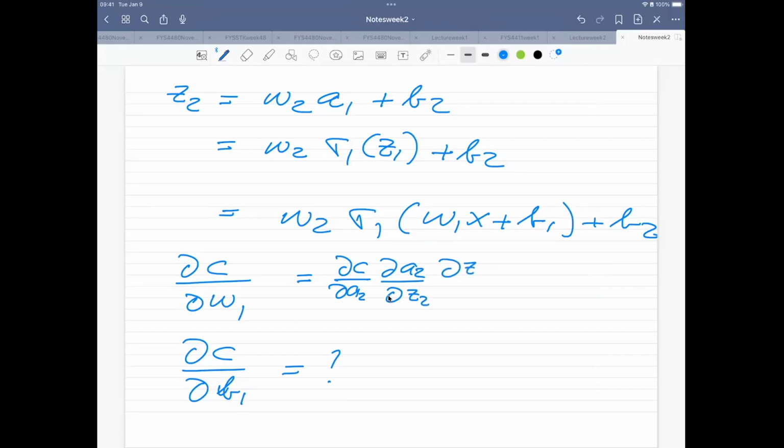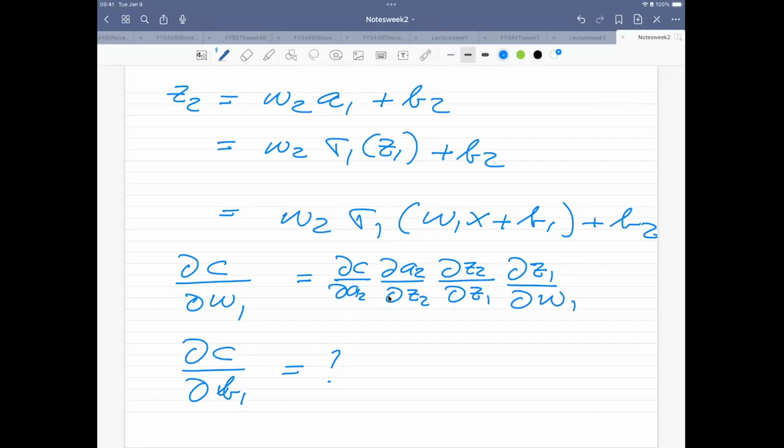Then we have dA2 over dz2, and then a derivative of dz2 with respect to dz1, because we know that z2 depends on z1. So we need this term here. In the general expression, you will see that this type of derivative pops up again and again when we are propagating backward through many hidden layers. So we would need that one.